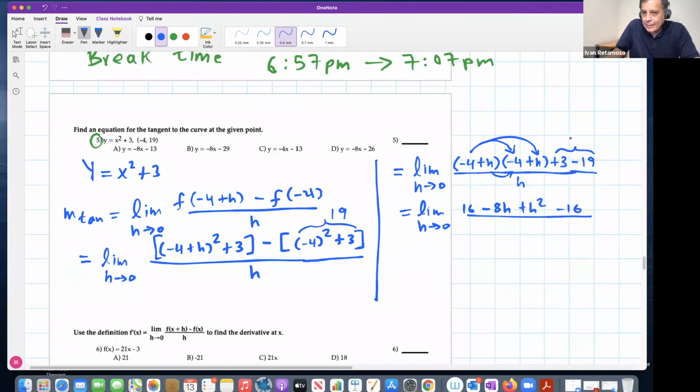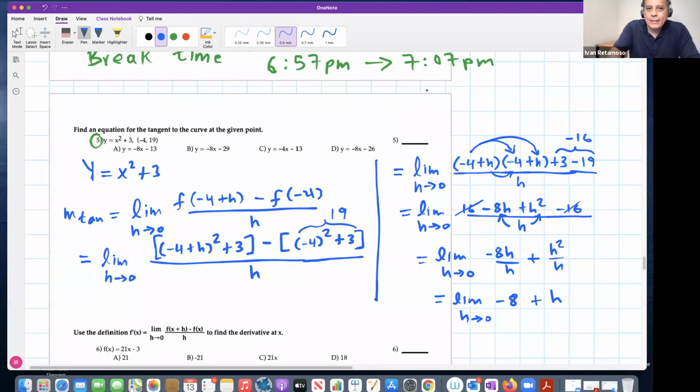You may ask, Professor, where are the simplifications? These two cancel. So we end up with the limit as h approaches 0. For the sake of variety, I'm dividing h into each of these terms. You can try factorization, which also works. So this is the limit as h approaches 0 of negative 8 plus h.